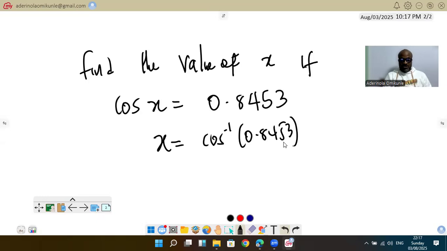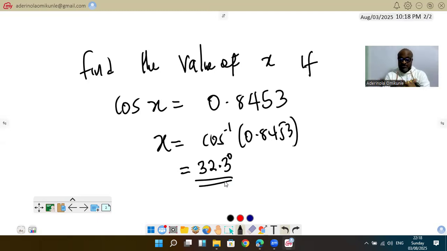Please use your calculator again: press the shift button and then the cos button, and you're able to get the cos inverse of that. My calculator gives me the value as 32.3 degrees.